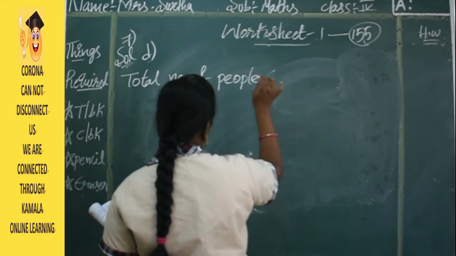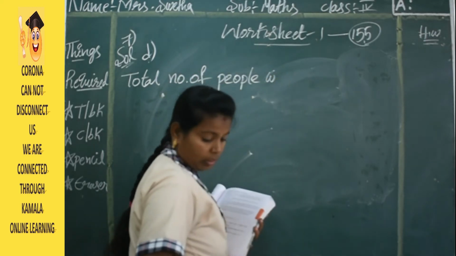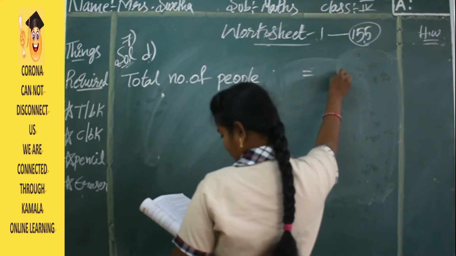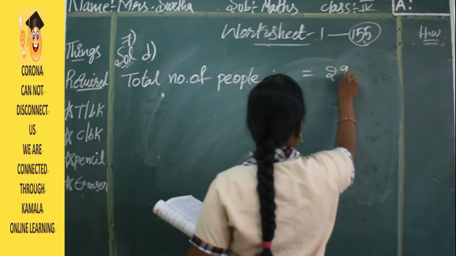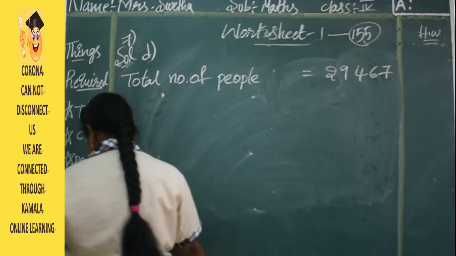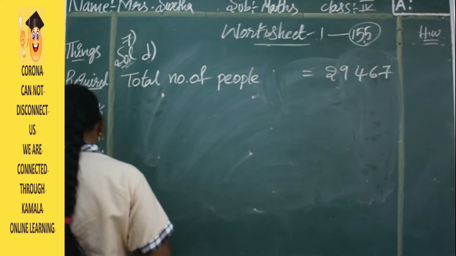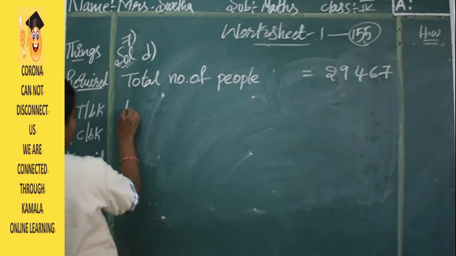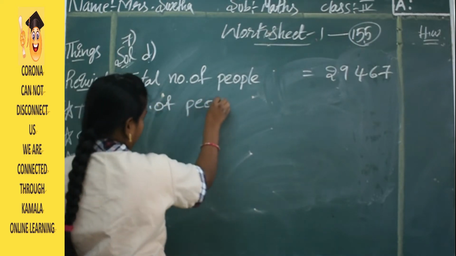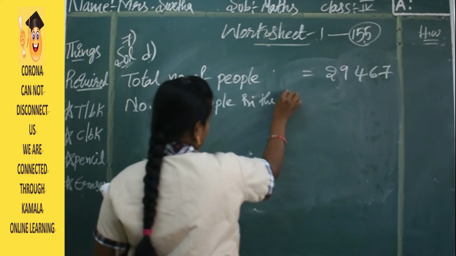So the total number of people there are 29,467. And the number of people in the stadium.